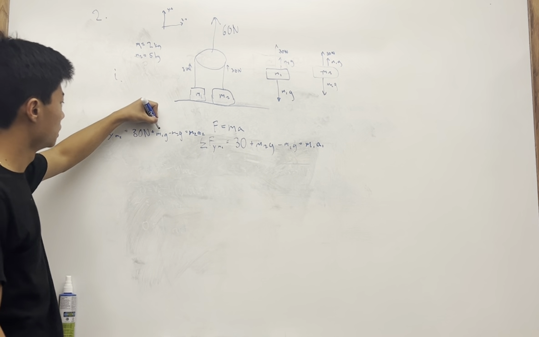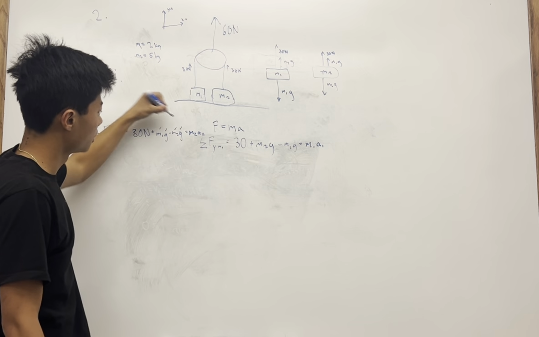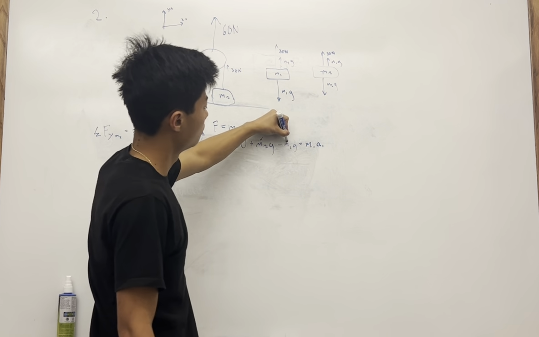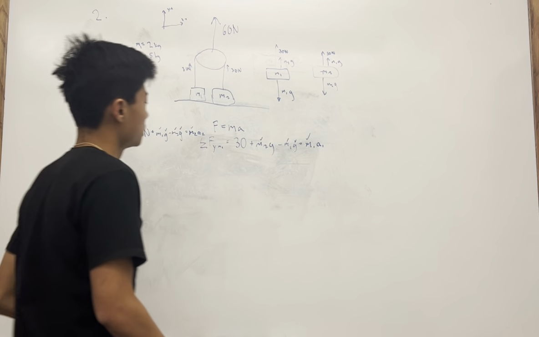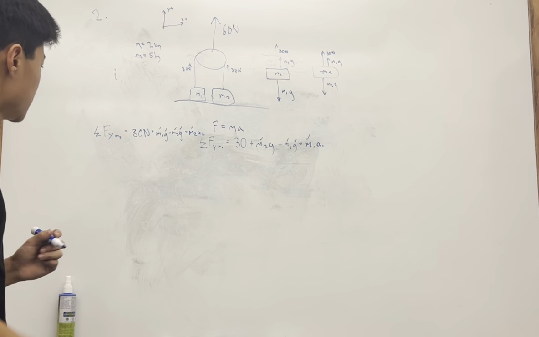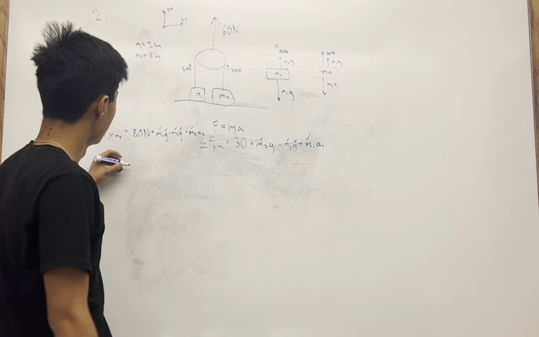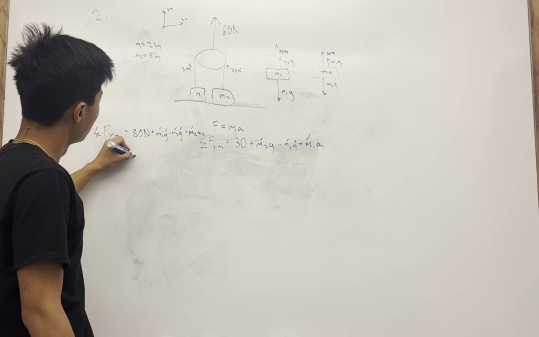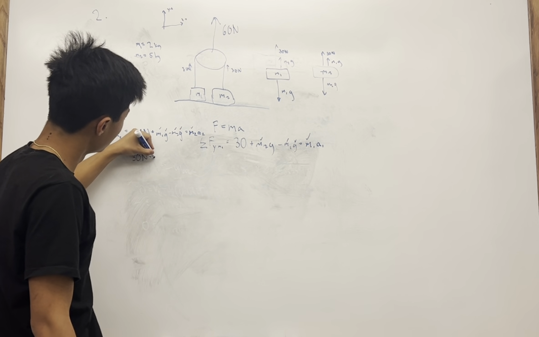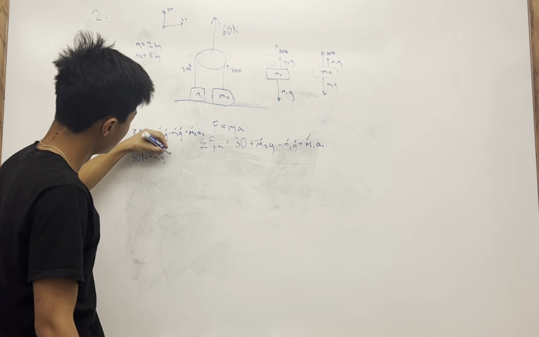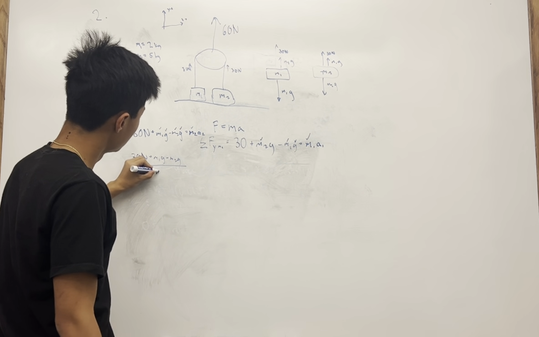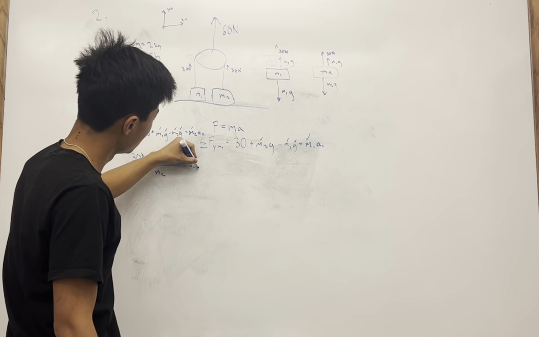Now we know mass 1, we know mass 2, and we know gravity. So we know everything, we just solve for acceleration. Let's isolate the variable first. So 30 newtons plus mass 1 times gravity minus m2g, divided by m2 equals a2.